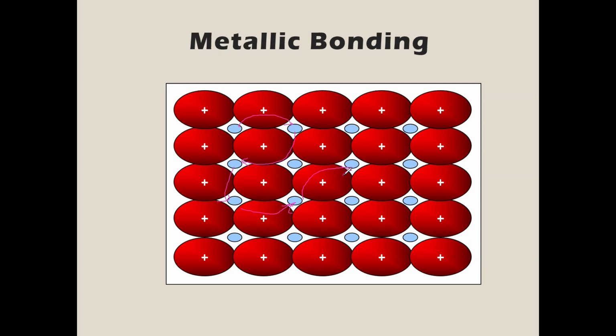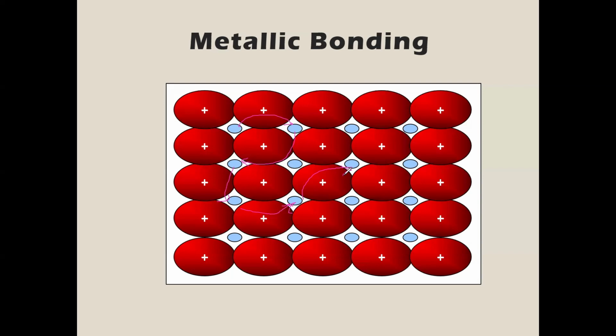And due to that movement, there is a strong electrostatic force between the metal atoms, and that's why metals are usually strong. They are hard. They are solids due to these strong electrostatic forces between the atoms, which come from the delocalized electrons.